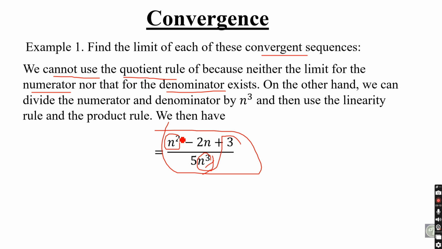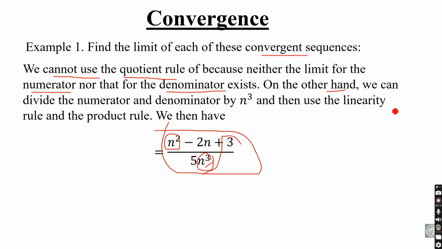Otherwise, we cannot use the quotient rule. Here the numerator is n to the power of 2, and the denominator is n to the power of 3. So the denominator has the higher degree than the numerator, so we don't use the quotient rule for this type of limit.